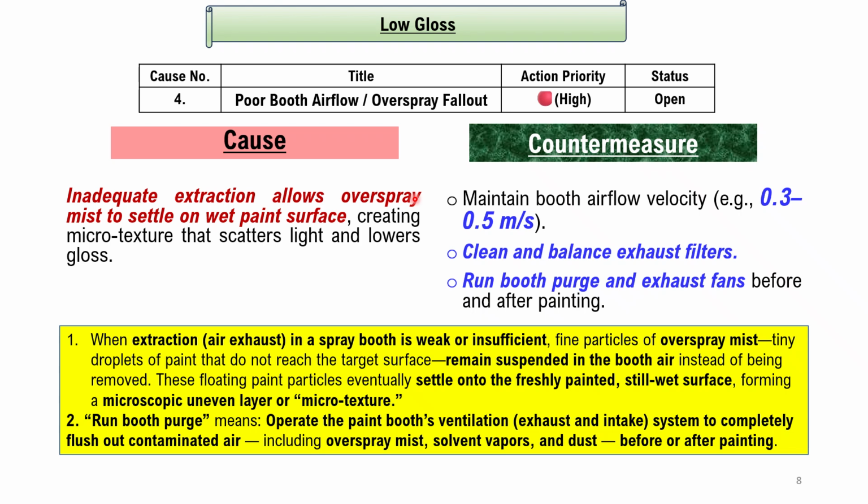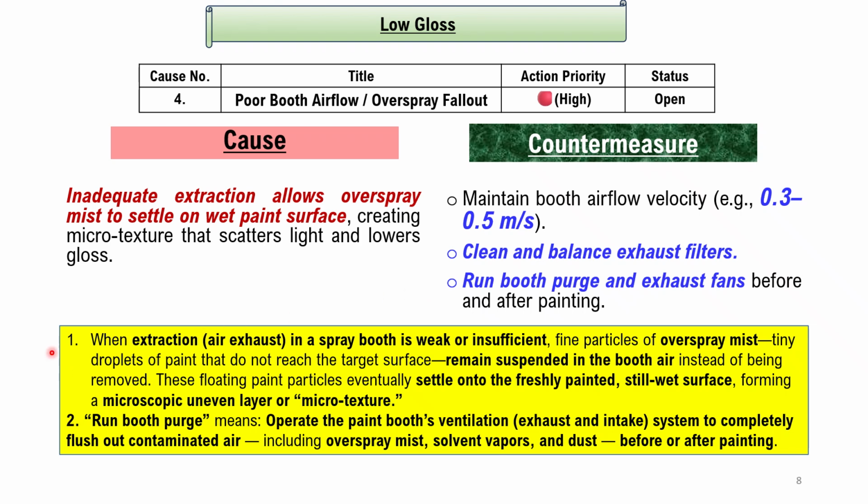Therefore, maintain booth airflow velocity at 0.3 to 0.5 meter per second. Clean and balance exhaust filters. Run booth purge and exhaust fans before and after painting.